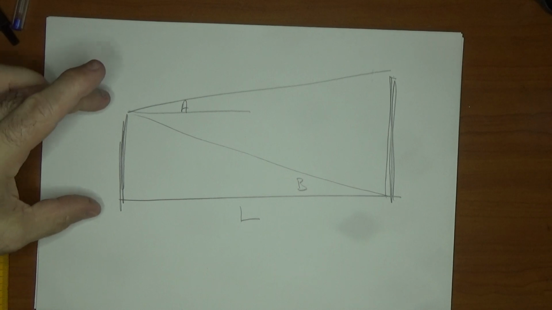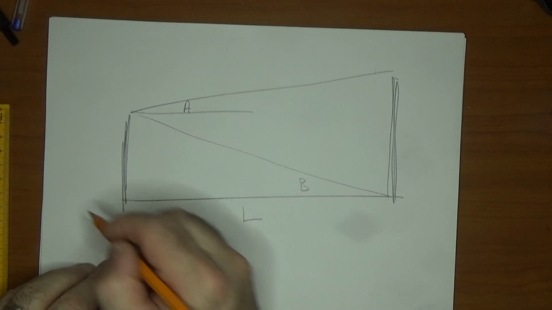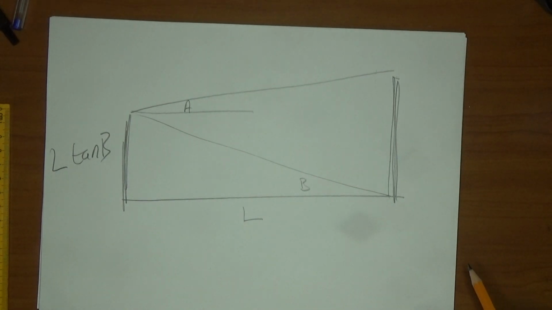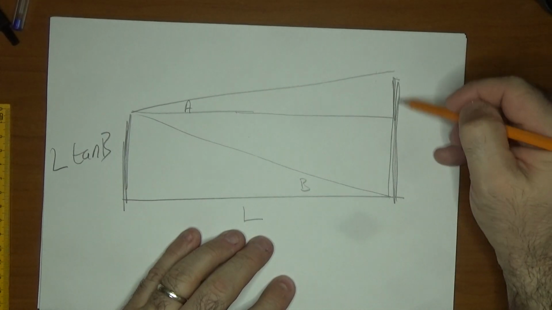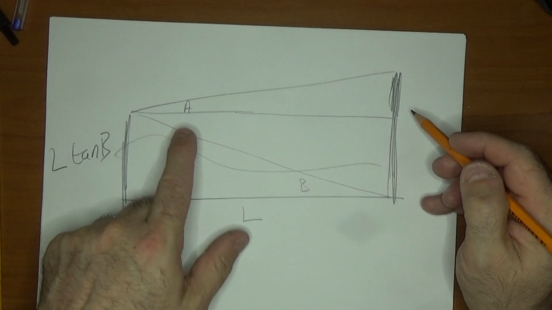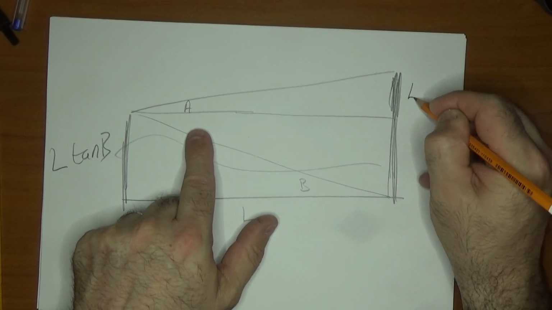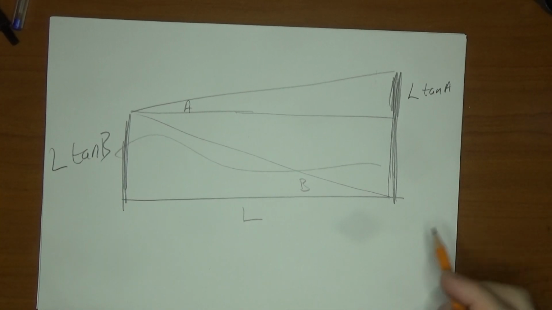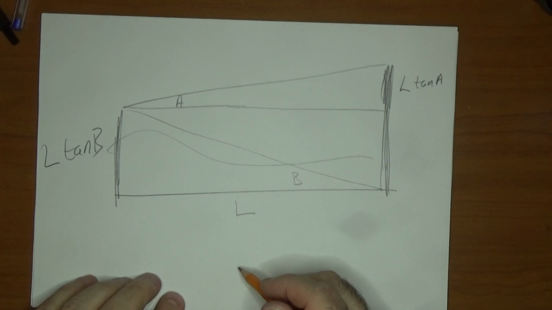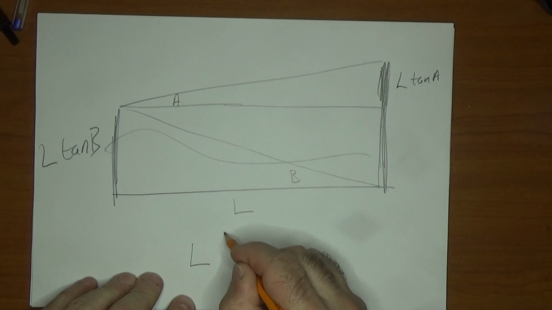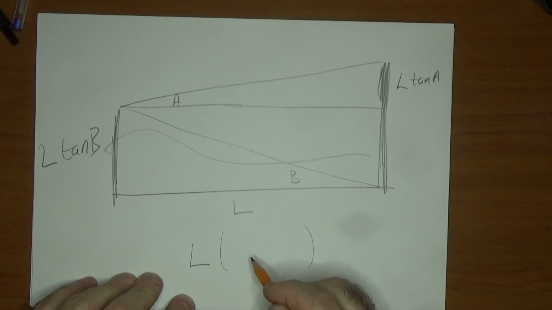What we did is we got this value as L tan B, and we got this value here, which matches this bit here, as L tan A. It's much more beautiful and insightful to do it this way. We ended up adding them together, which had L in common. So you basically had the two tans added together.